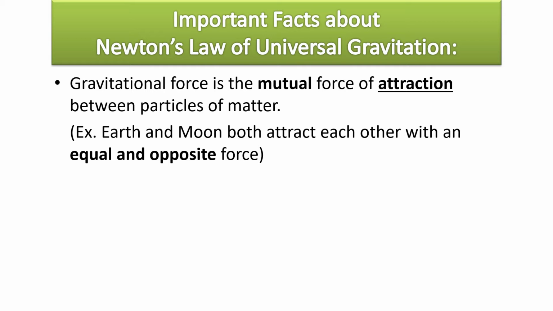So, important facts about Newton's law of universal gravitation. Before we do a calculation, it says gravitational force is the mutual force of attraction between particles of matter. It's never going to be repulsion. When we do magnets, opposites attract and like poles repel, but gravity is always the force of attraction.